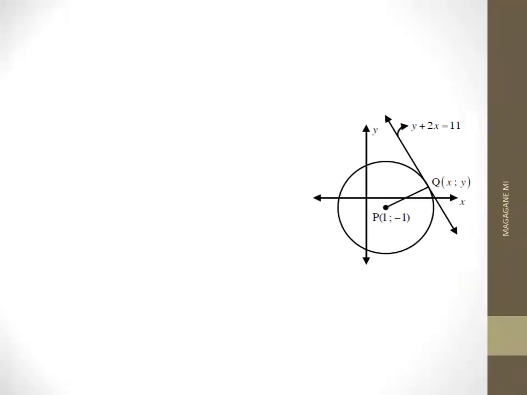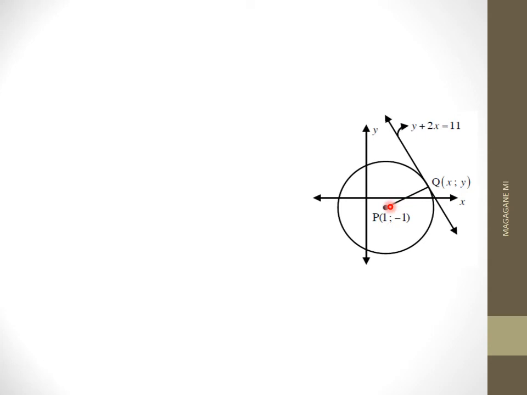Now we want to find the equation of the radius, which is PQ. To find the equation of the radius PQ, we are given point P. We don't have the gradient. Since PQ is a straight line, we're going to use the equation of a straight line.